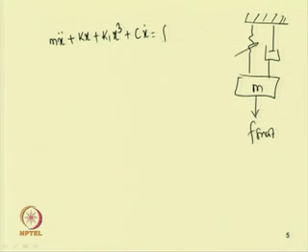Here c is the damping, k is the linear stiffness and k1 is the nonlinear stiffness.